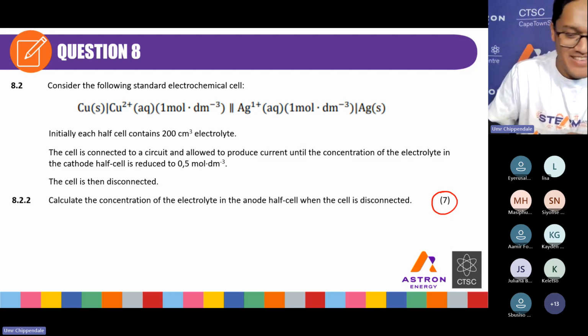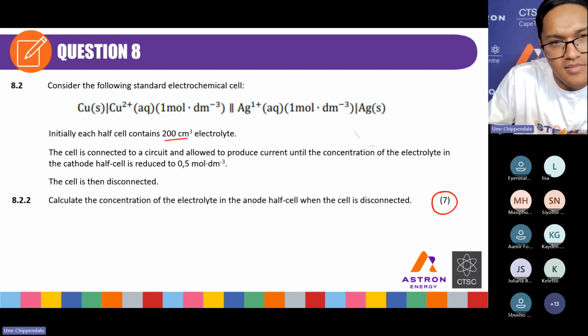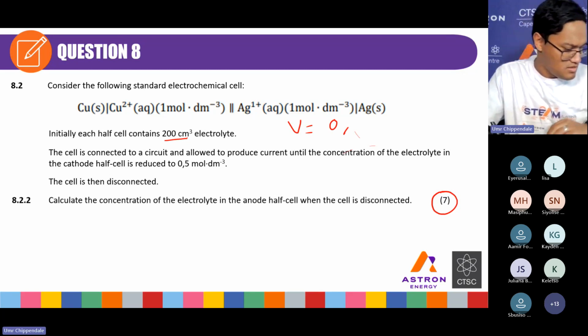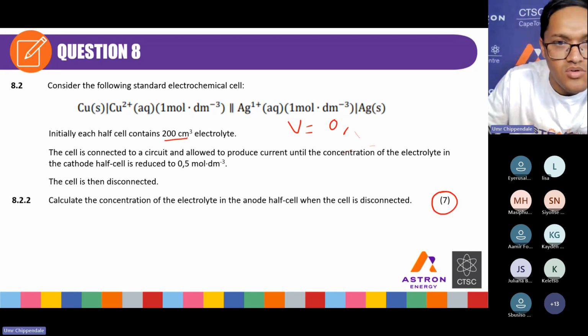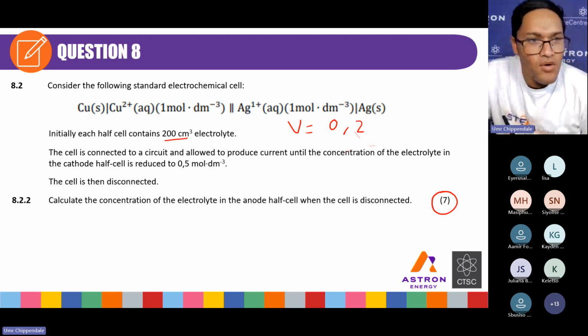So here you'll see in each half reaction it was 200. So that means we have a volume of 0.2, because you divide it by 1000. So that is 0.2.